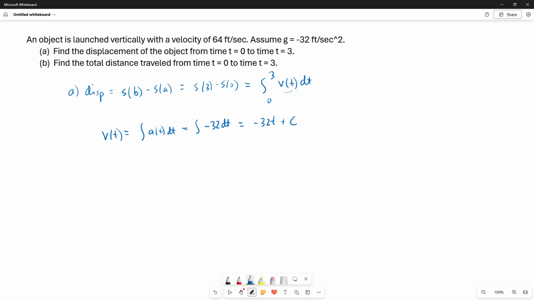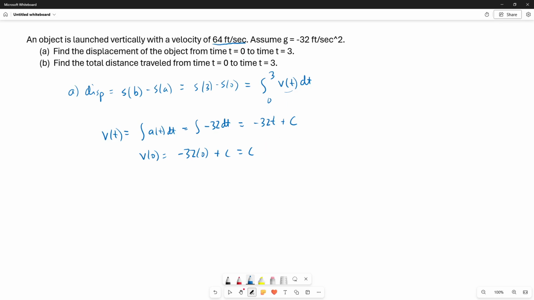And that constant has significance. If we let t equal 0, then our velocity is negative 32 times 0 plus c, which is just c. And it says here that the object was launched with a velocity of 64 feet per second, so that's the velocity when time is 0.